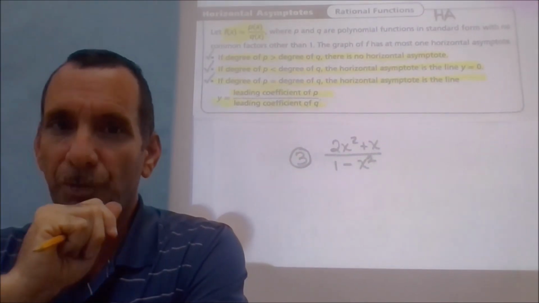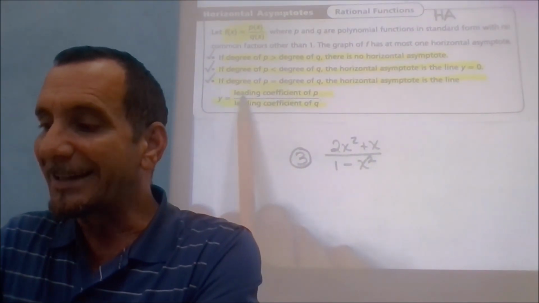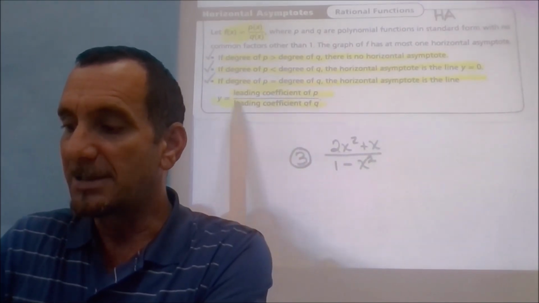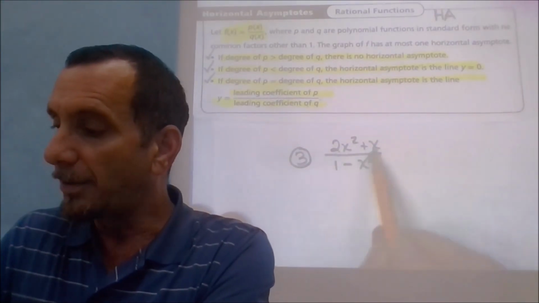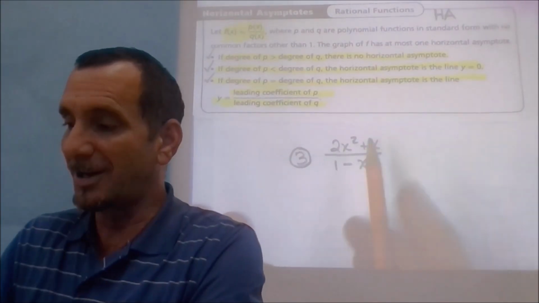It's not y equals 0, but it is y equals the leading coefficient of the numerator divided by the leading coefficient of the denominator. This is in the correct order from decreasing degree, starting with the highest degree.